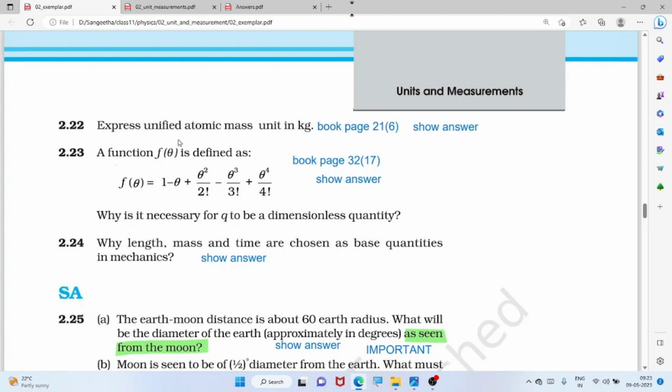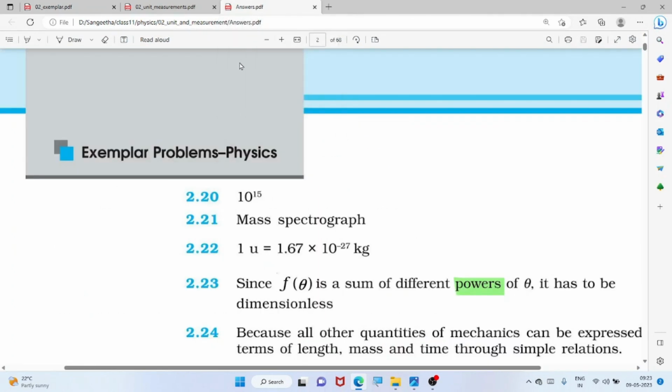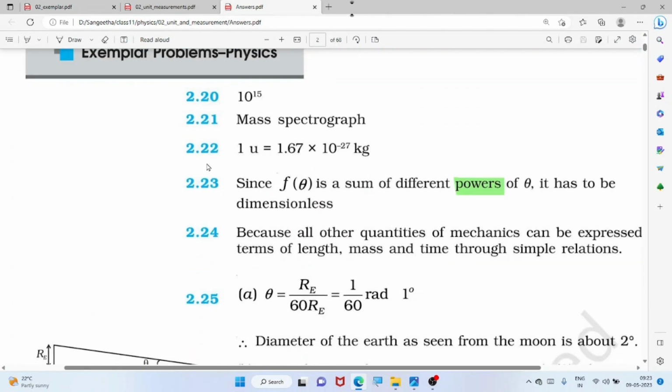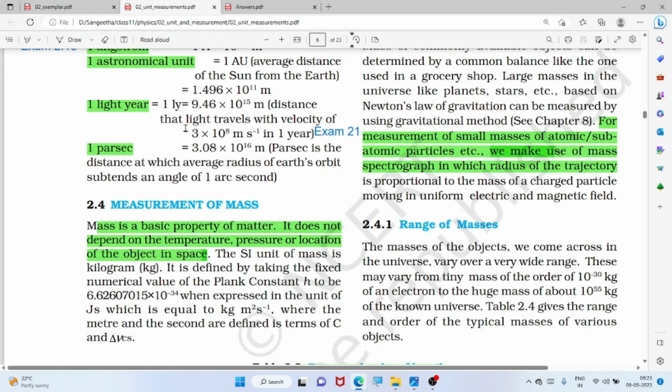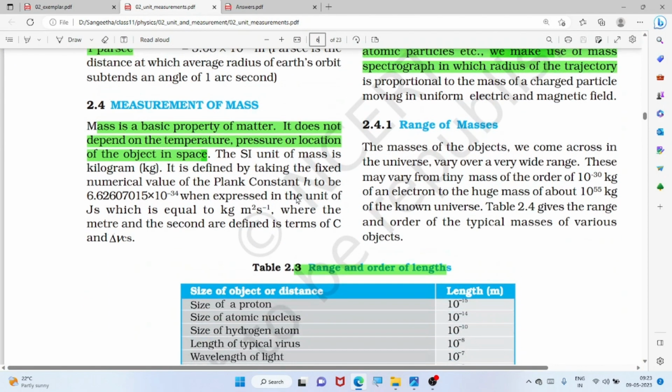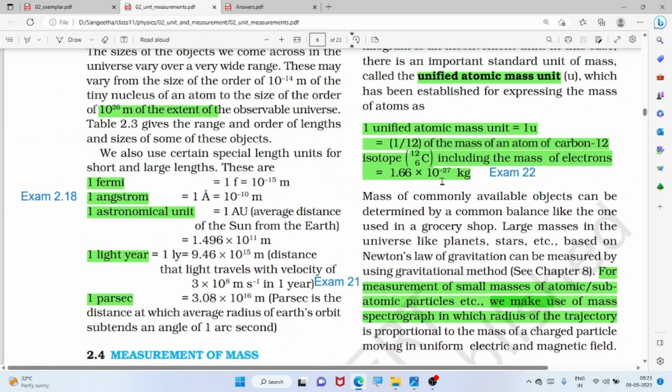Express the unified atomic mass unit in kg. One atomic mass unit is this many kg. It's given here: 1/12 of the mass of the carbon 12 atom.